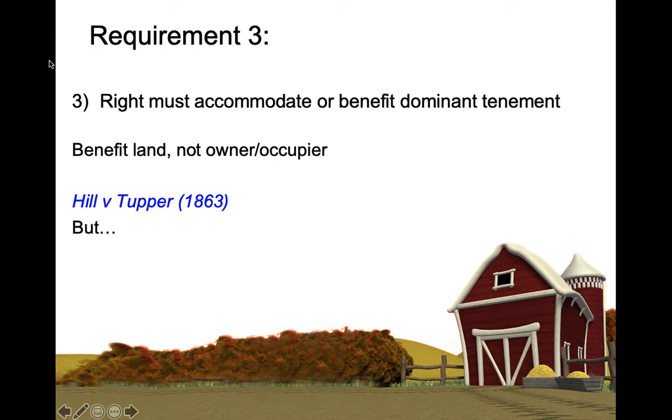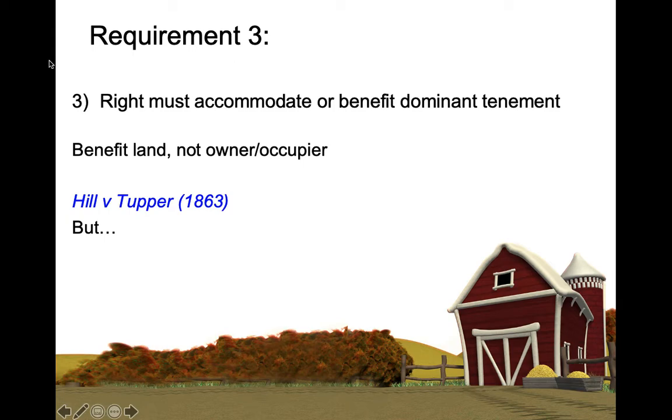And then we have the case of Hill v Tupper, which looks at exclusivity of ownership, of the kind of right to use a canal. So we have Hill being granted the lease of the land on the side of the canal, and the lease gives them the right to put pleasure boats out for hire on the canal.